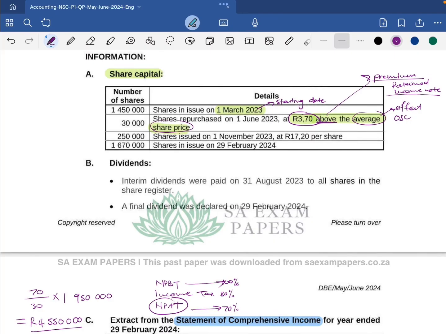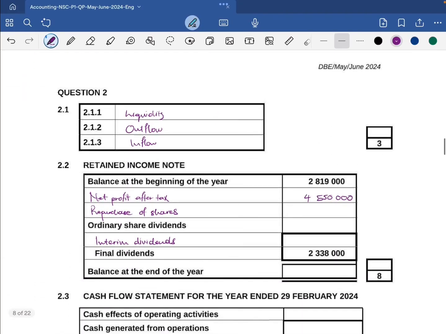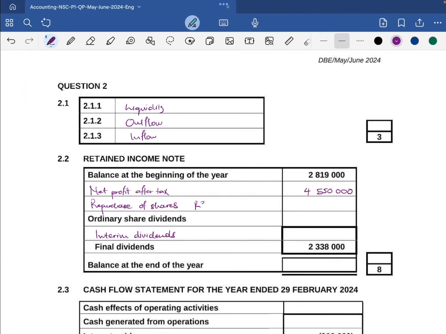Okay, then let's take the working to the retained income note. So it's going to be 3 rand 70 cents times 30,000, and that's going to give us 111,000, and in brackets, because it's going to decrease our retained income that we have reserved.